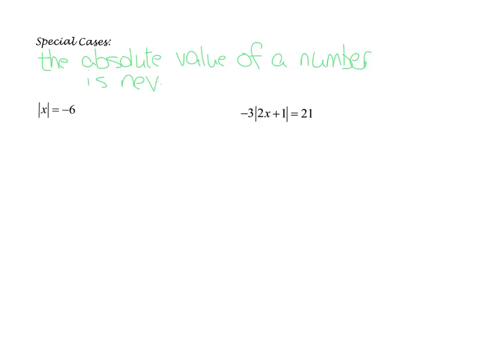All right, as with many things in math, there are special cases. The special case of absolute value equations is that the absolute value of a number is never negative, okay?